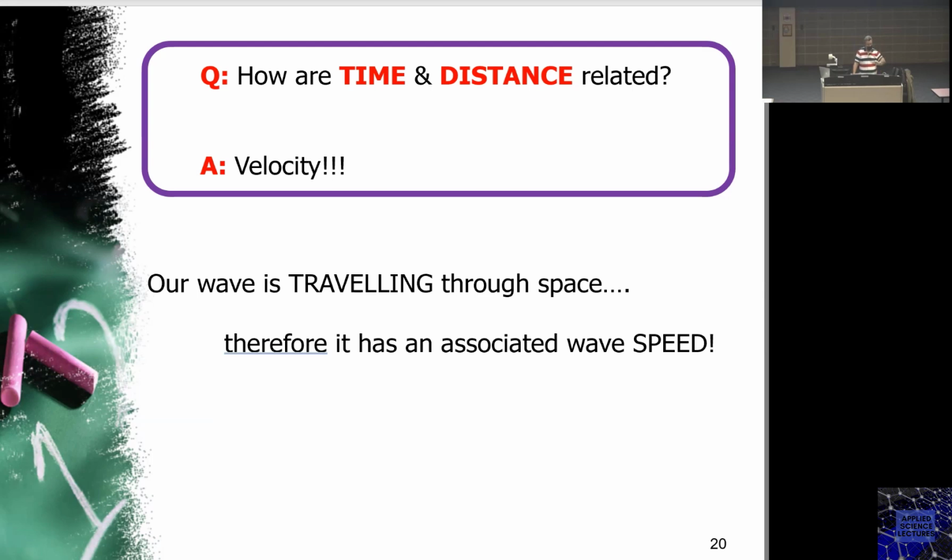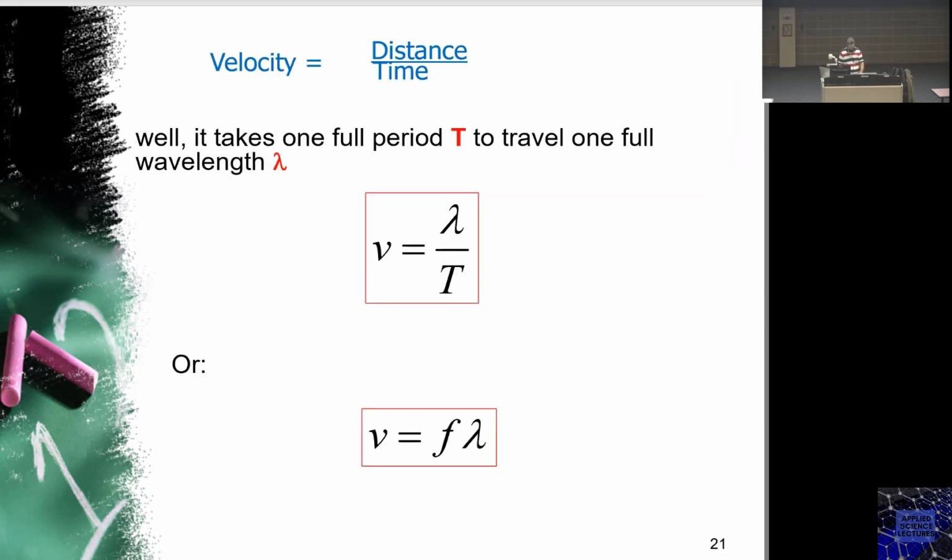Distance and a time defines a velocity, and that would be the velocity of the wave. So the wave velocity is lambda, the distance the wave traveled for one full cycle, divided by the period of the one full cycle to happen in.